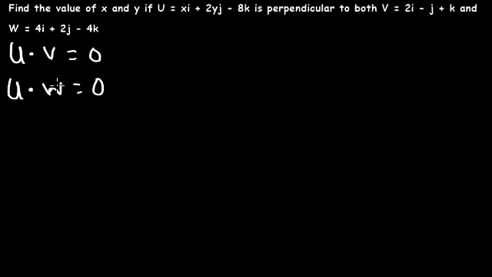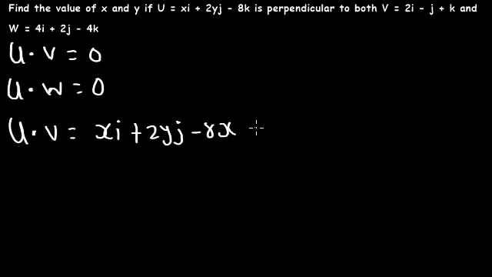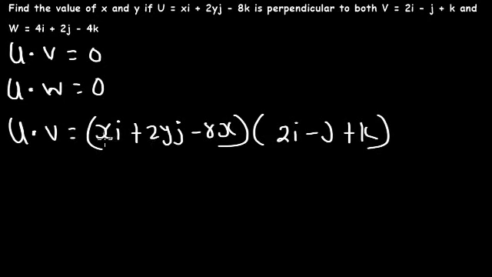Let's begin. What will be u dot v? That will be xi plus 2yj minus 8k, multiplied by 2i minus j plus k. xi times 2i, that's just 2x. 2yj times negative j, that's just negative 2y.